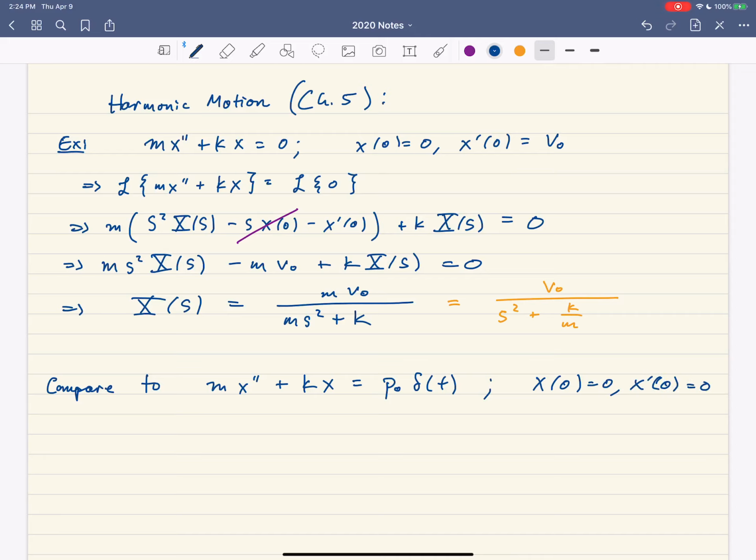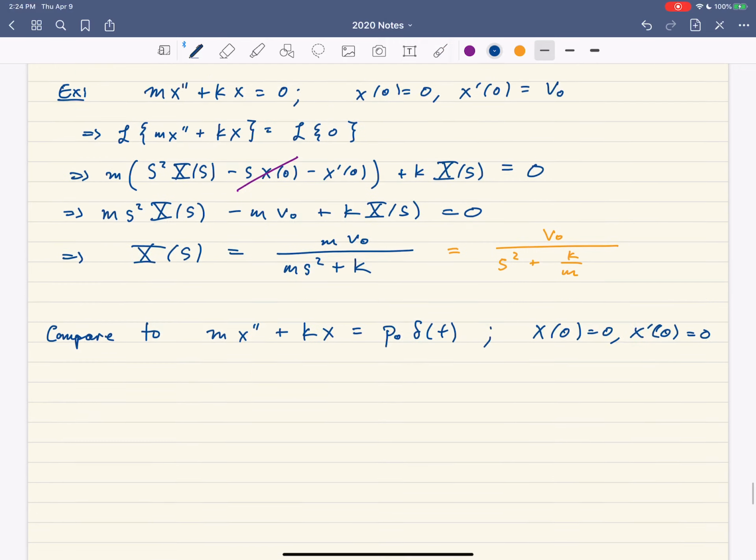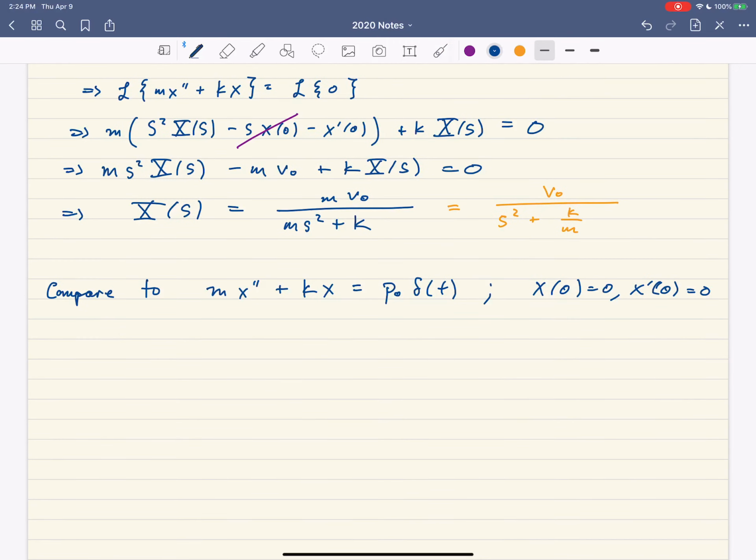This is almost the same differential equation, except it is no longer homogeneous, and we have different initial conditions. If we take the Laplace Transform of both sides, the left side is the same: m times the quantity s squared capital X of s minus s x of 0 minus x prime of 0, plus k times capital X of s.